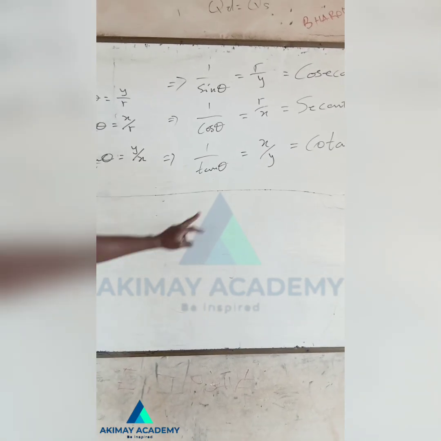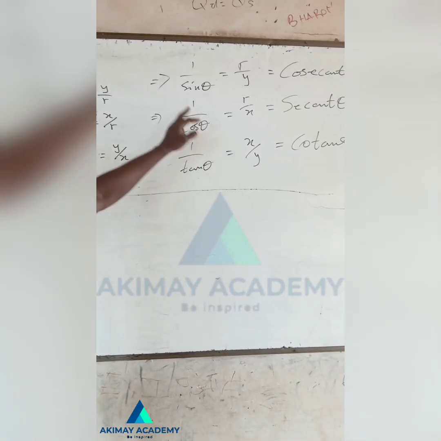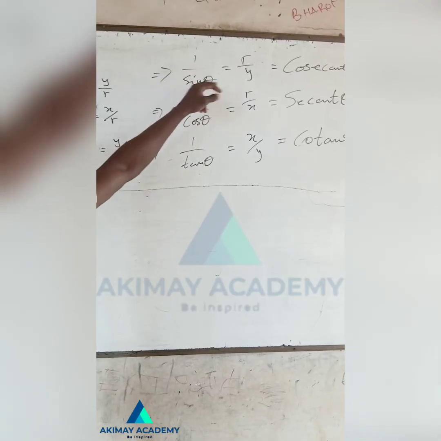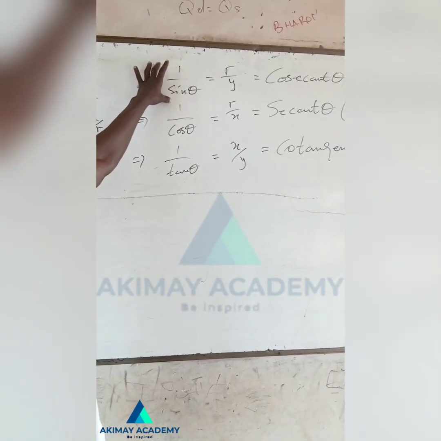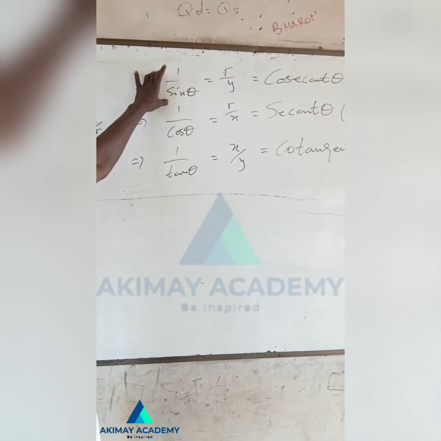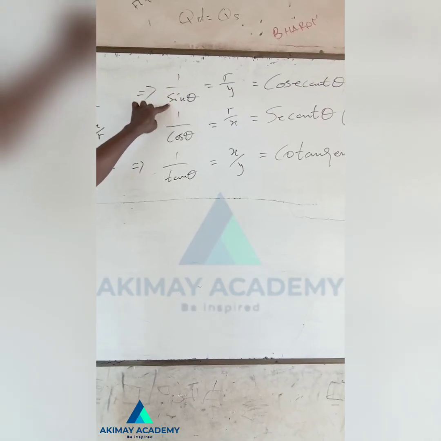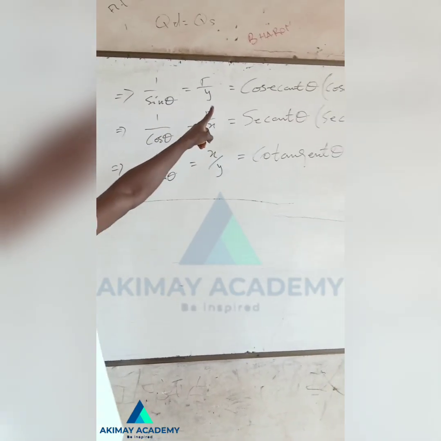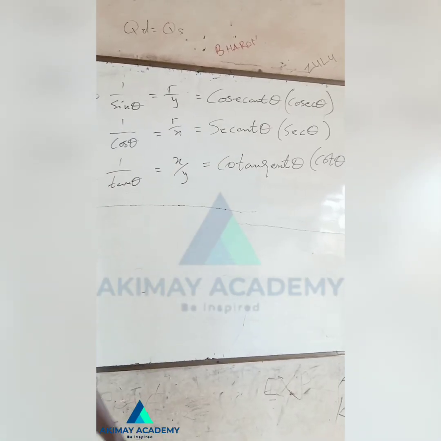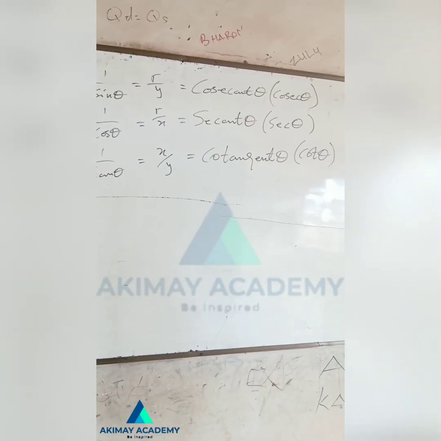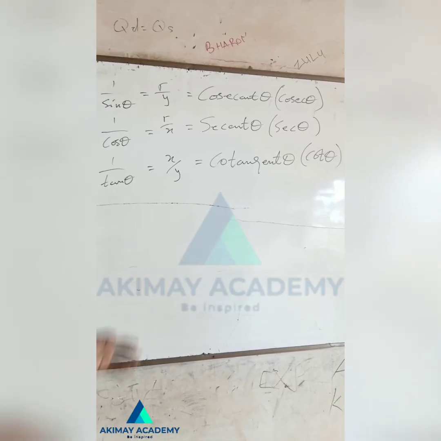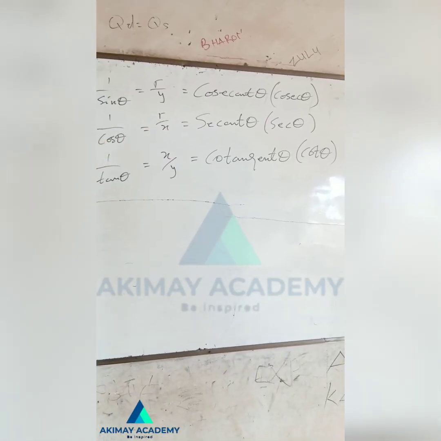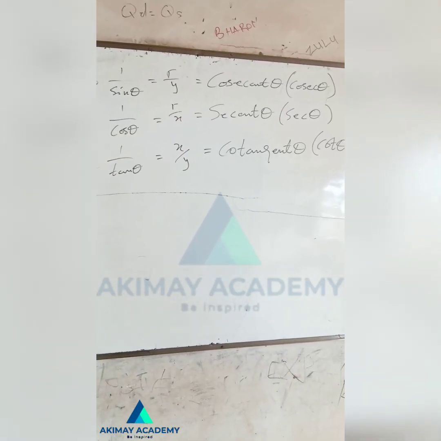Whenever you reciprocate these basic ratios, they generate new names. So 1 out of sin theta is cosecant theta, which we shorten to cosec theta. Whenever you see cosec theta, we are talking about 1 out of sin theta.